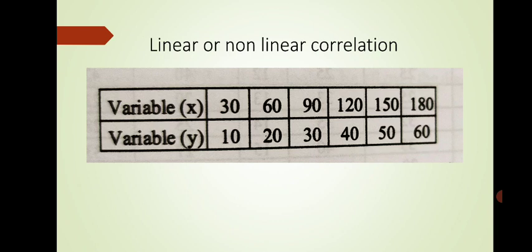If you analyze these values, you will find that they increase by a difference of 30. Similarly, in row y, the values increase with a difference of 10, that is 10, 20, 30, 40, 50, 60. So both increase at a constant ratio, and that time the relationship is known as linear.